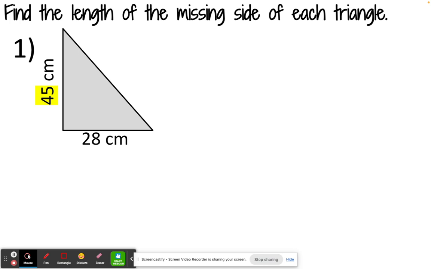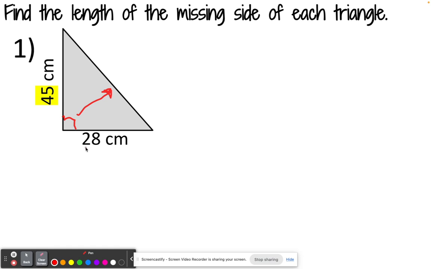As you can see in this example, my right angle is right here, so my hypotenuse is the one right across from it.